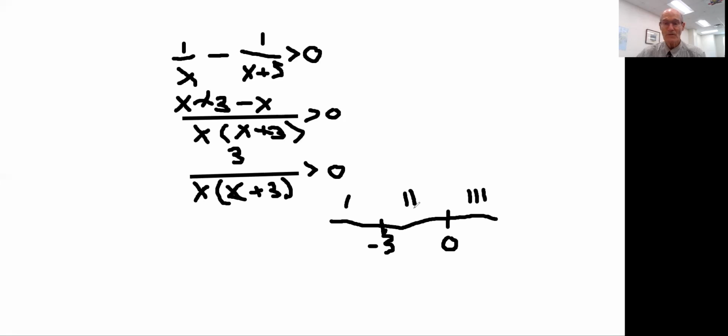So what I have to do is pick a point in each one of these regions. Let's say I pick minus 4 out here, which is in this region. I'll circle it just to let myself know that it's the point I picked. And I go back up here to the original function.